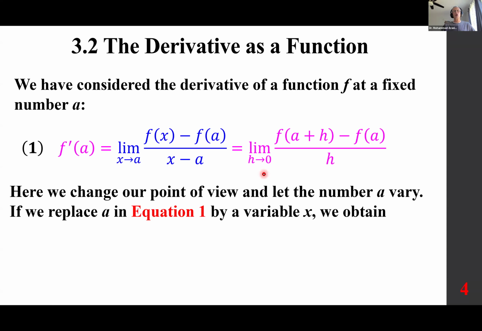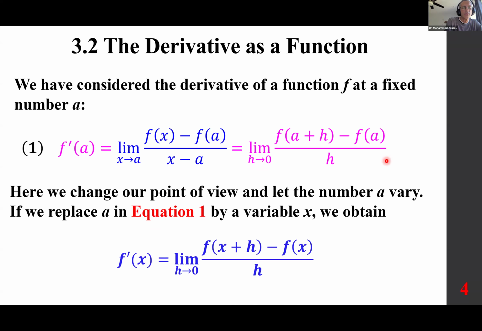Now, we change our point of view and let the number a vary. If we replace a in this equation by a variable x, we get f prime of x is the limit of f of x plus h minus f of x over h as h approaches 0, known as the derivative function.